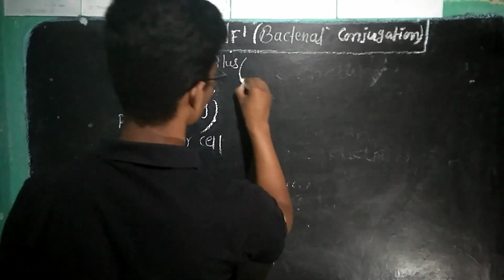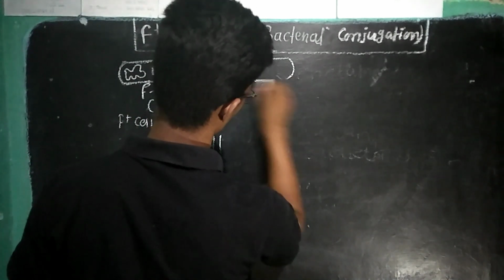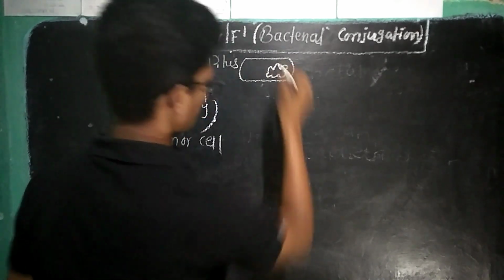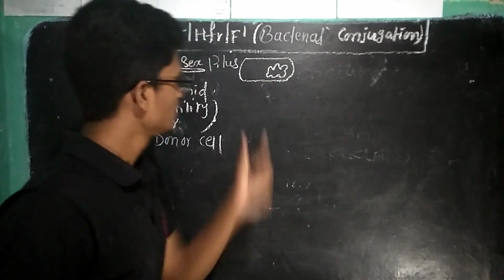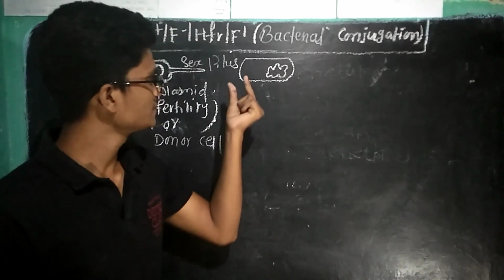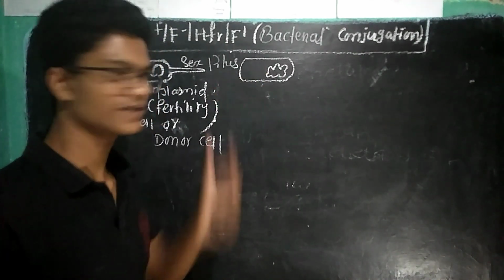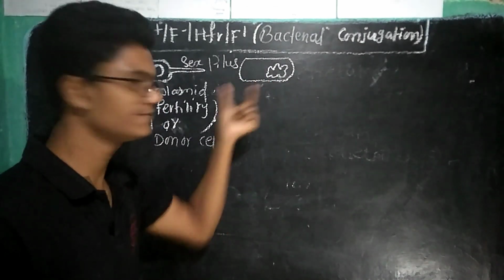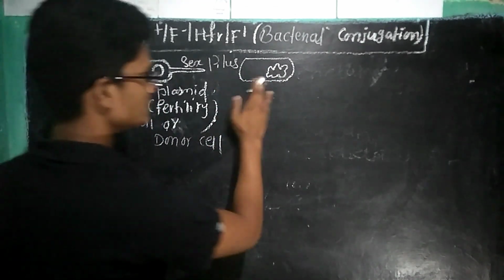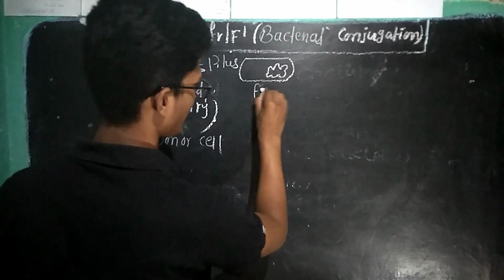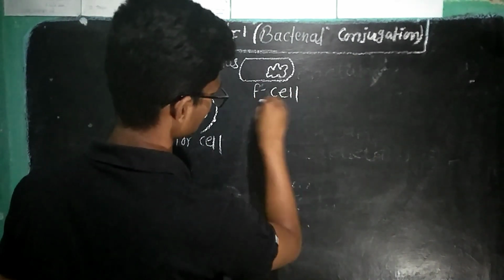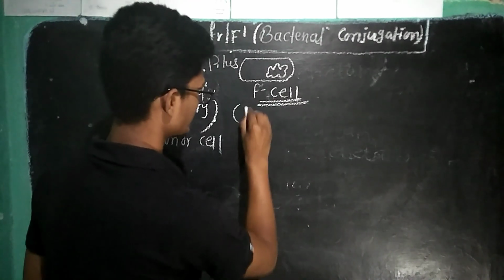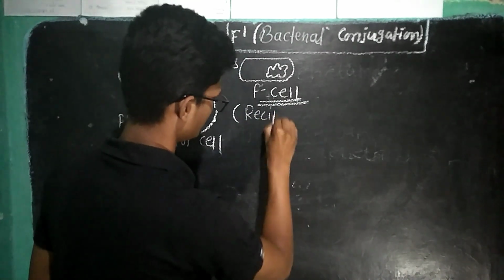Suppose this is the other bacterial cell, containing the bacterial chromosome, but this cell totally lacks the F plasmid, the fertility plasmid, and due to this the bacterial cell is known as an F minus cell, also known as a recipient cell.